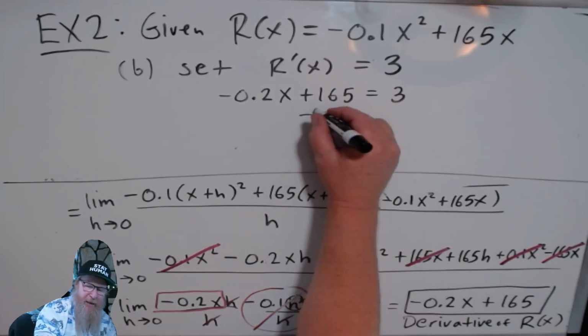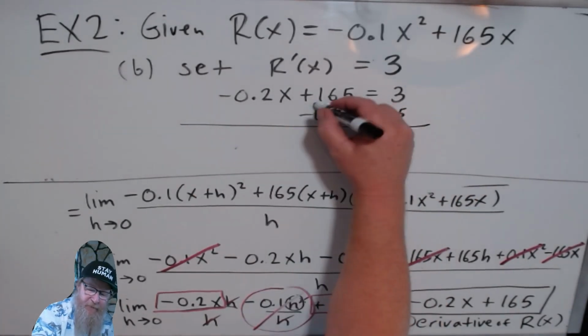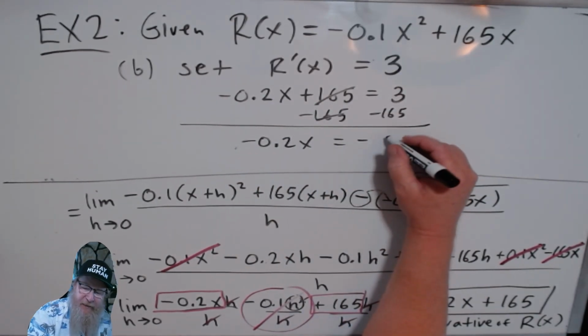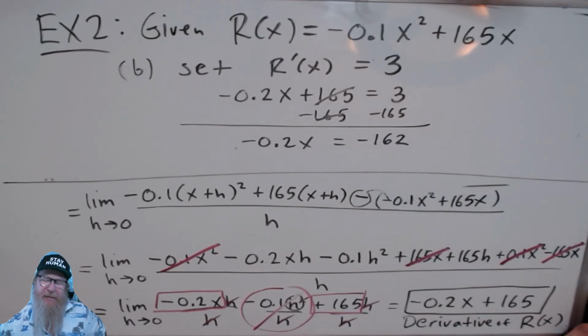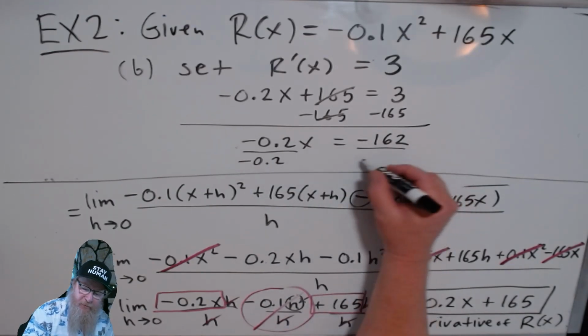Should be pretty quick. Negative 165, negative 165. So I got negative 0.2x equals negative 162. Right. And then I'm going to divide by negative 0.2.